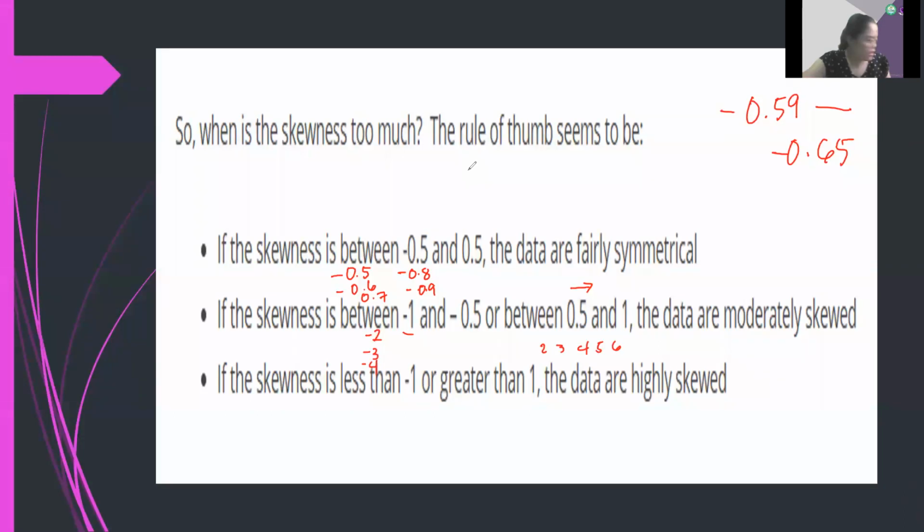Wait lang, let me check this one. Kung tama ba itong ilagay ko dito. Skewness. Saan ang values ko dito?